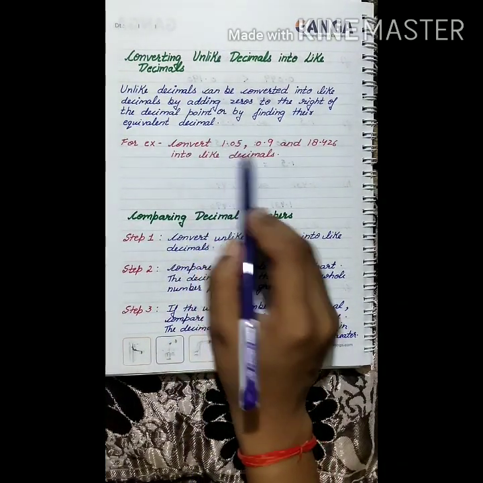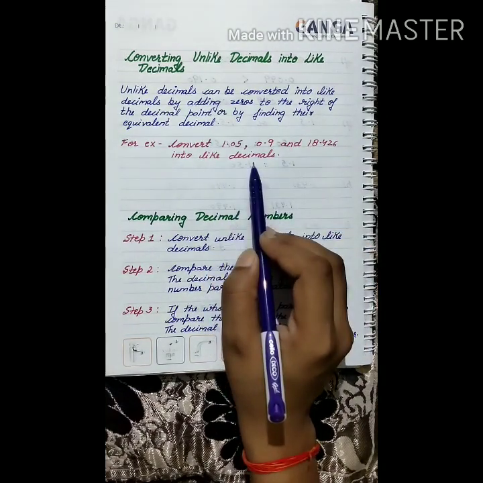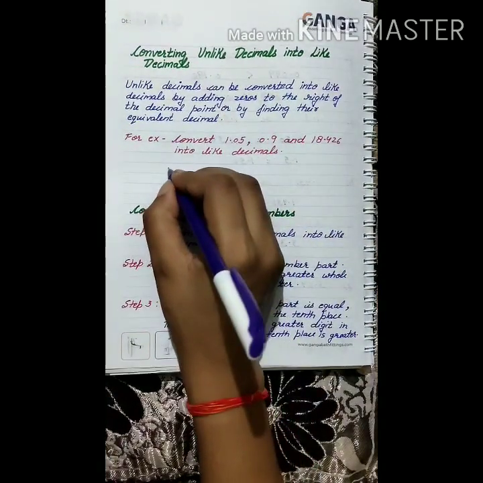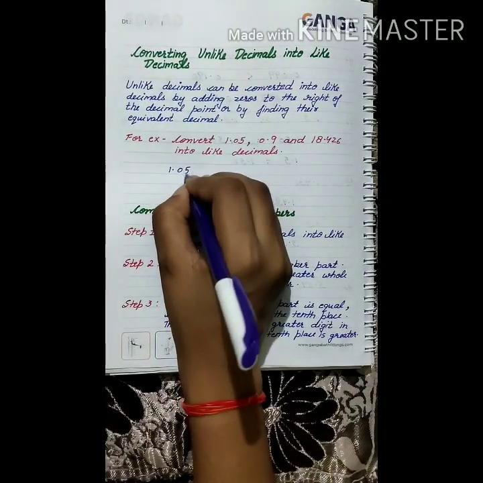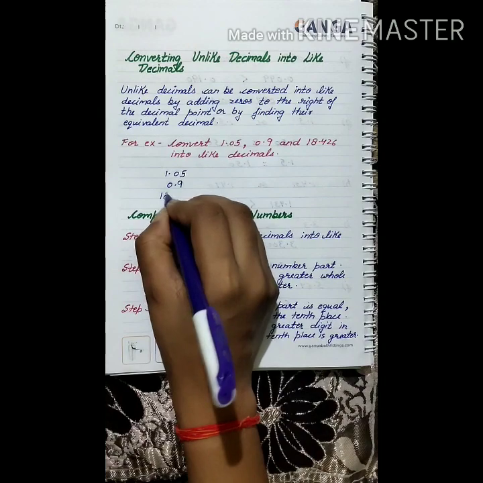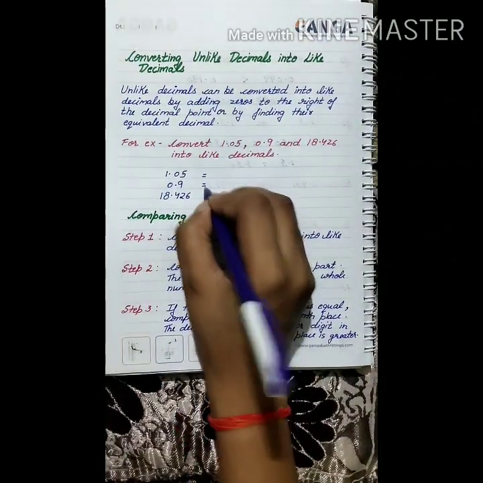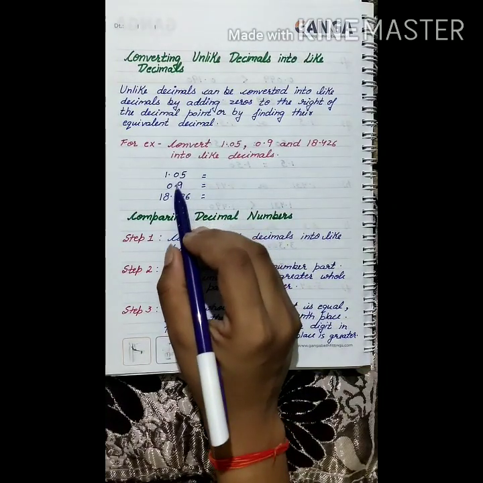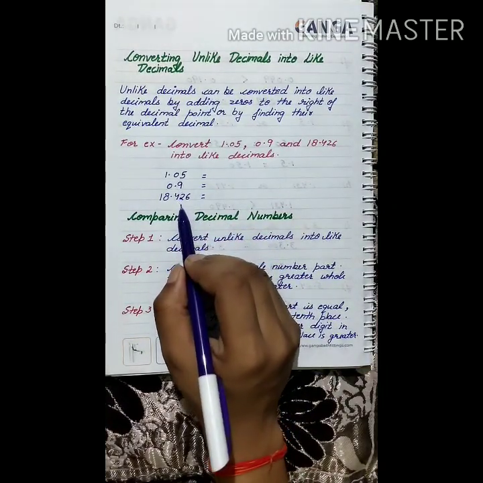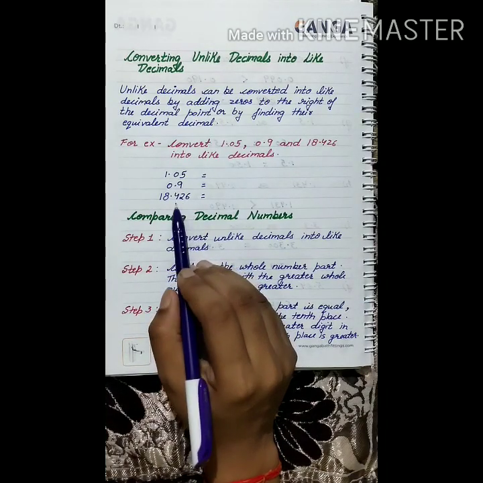Now let's understand with this example. Convert 1.05, 0.9 and 18.426 into like decimals. Here we have three numbers: first 1.05, second 0.9, third 18.426. They all are unlike decimals because they have a different number of digits at the decimal places. Firstly, we check the maximum number of digits at the decimal places, that is 3.